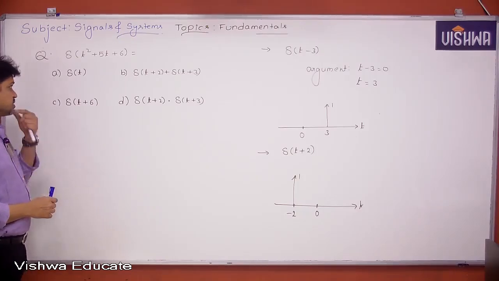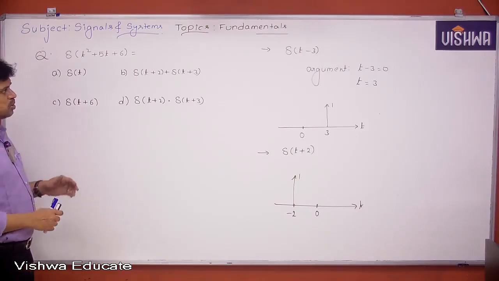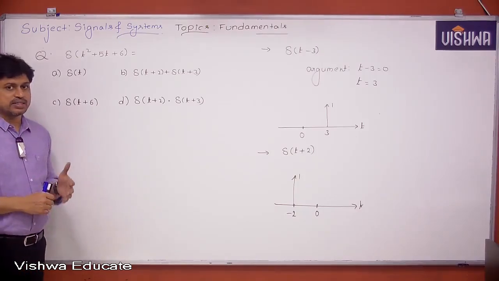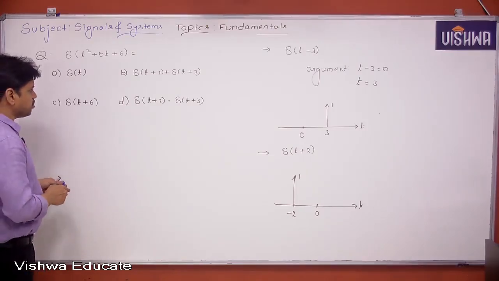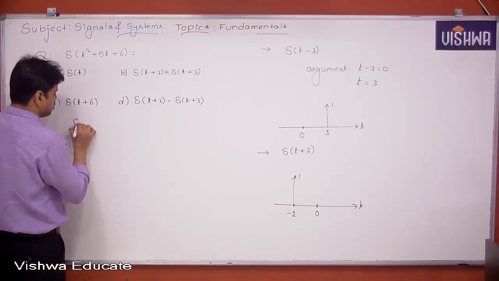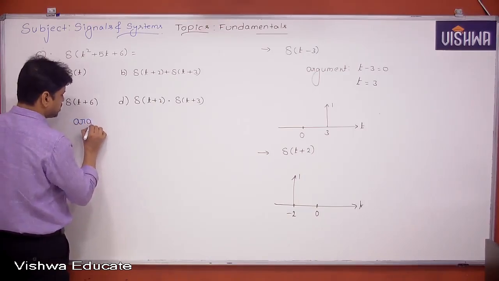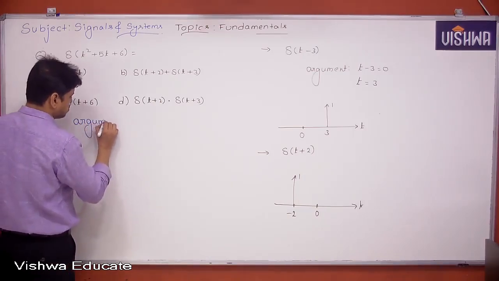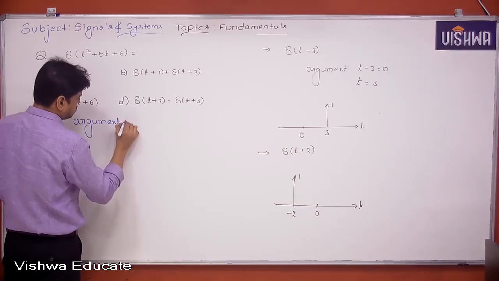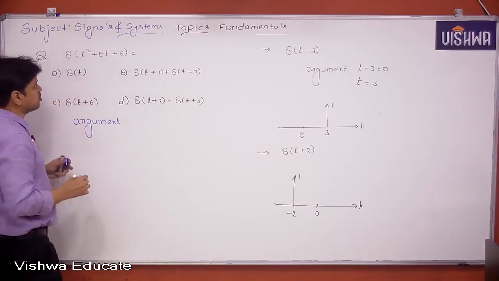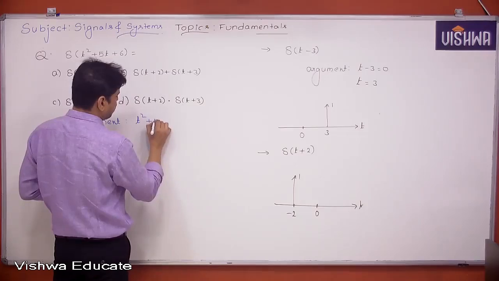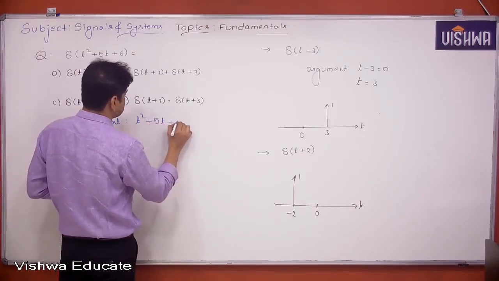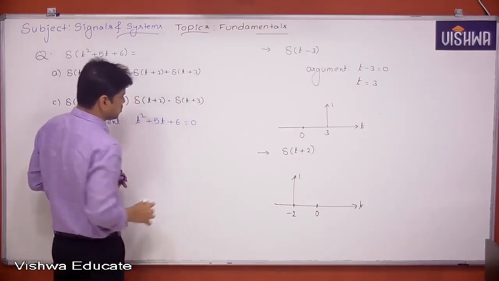First, I just now told you the impulse function exists whenever the argument is 0. So again I am asking, what is the argument here? t square plus 5t plus 6 is equal to 0.